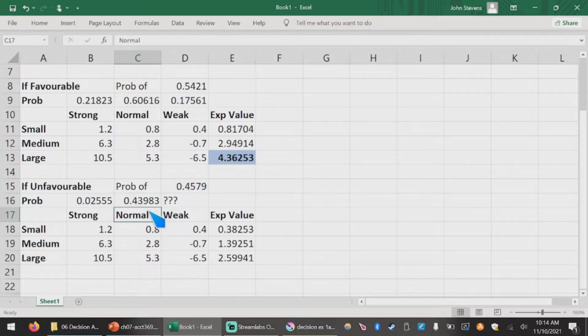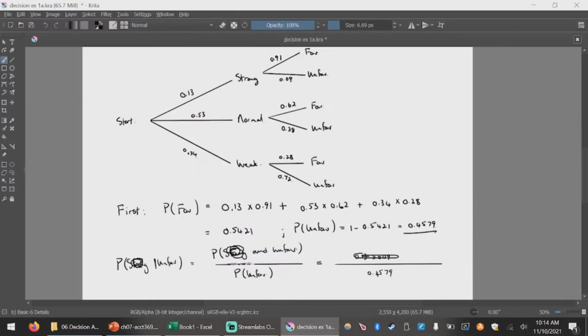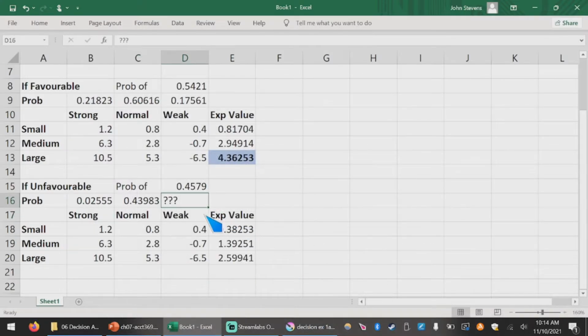Yeah, almost 44% of the time. That's fair. And then one more for the bottom path, just updating little pieces of it, weak and unfavorable. 0.34 times 0.72 divided by that.